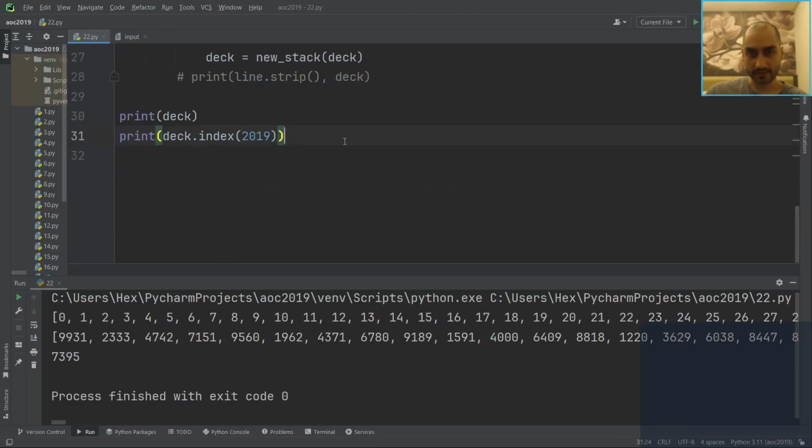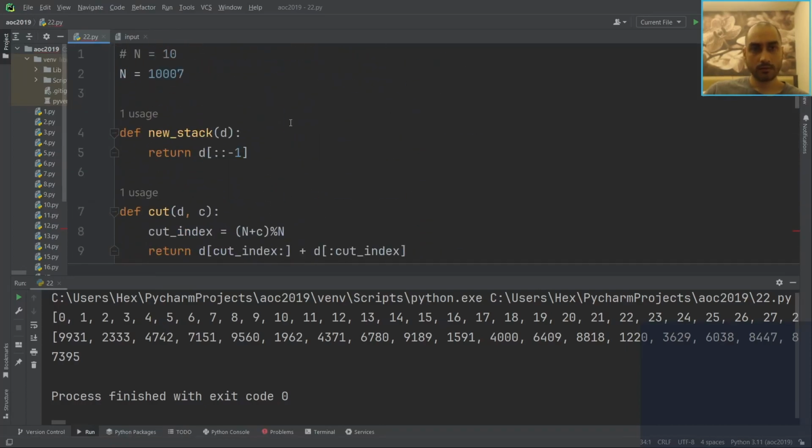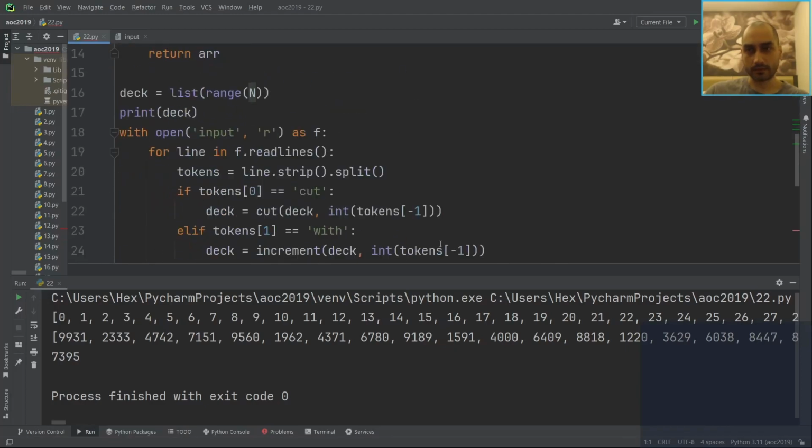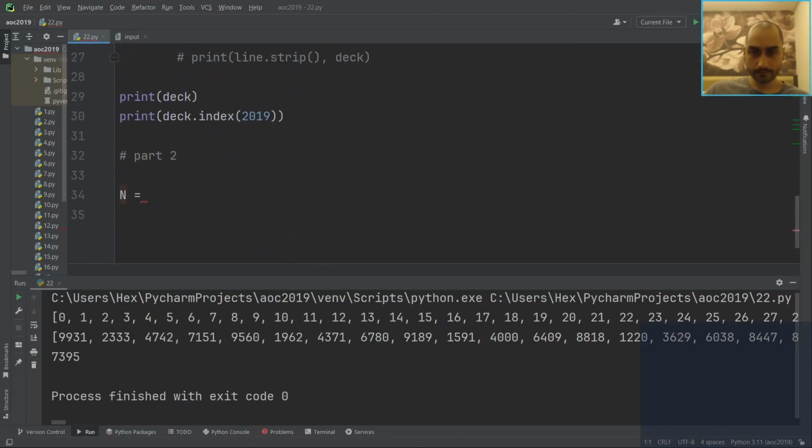Then we'll worry about everything else later. So let's say n equals, so this is part 2 now. Okay, so n equals that number there.